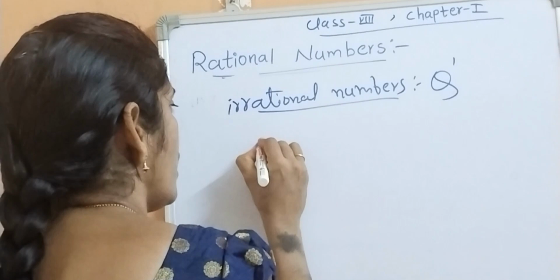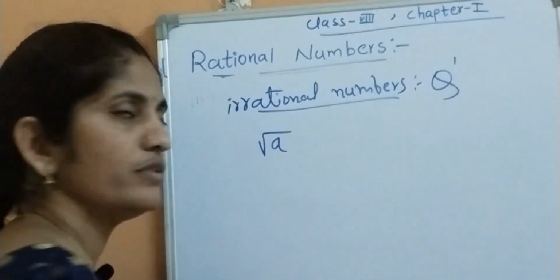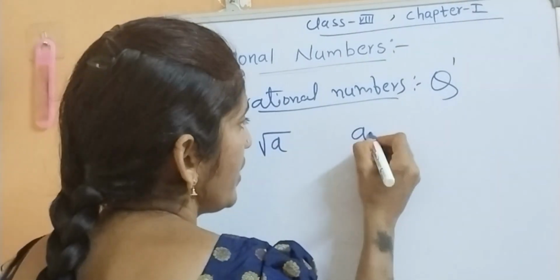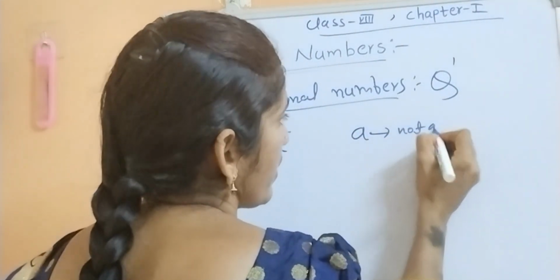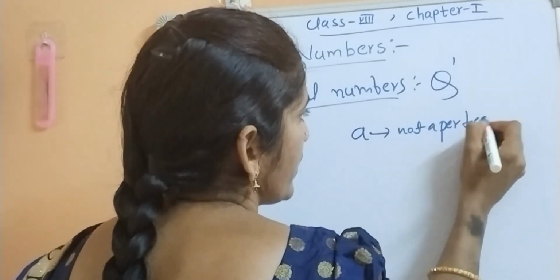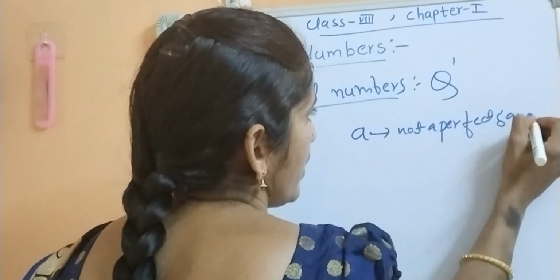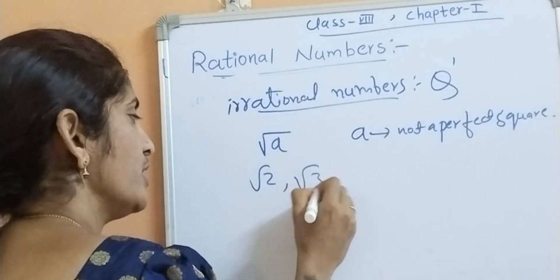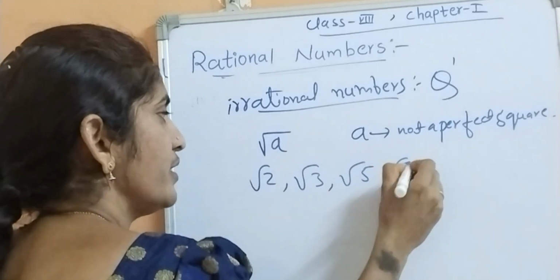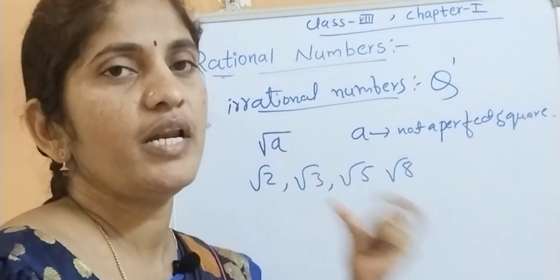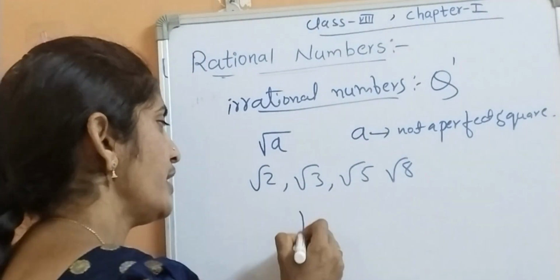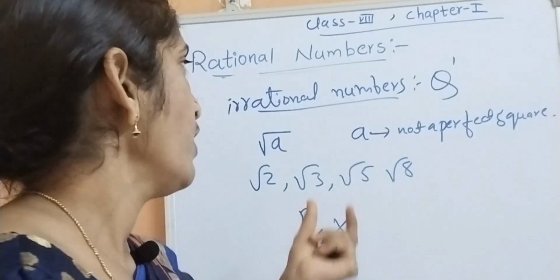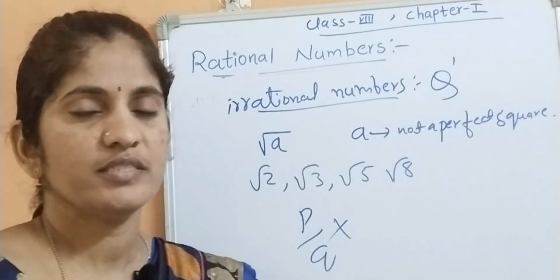Numbers of the form under root A are called irrational numbers, where A is not a perfect square. That is root 2, root 3, root 5, root 8. Numbers like these are called irrational numbers. We can't write them in P by Q form.